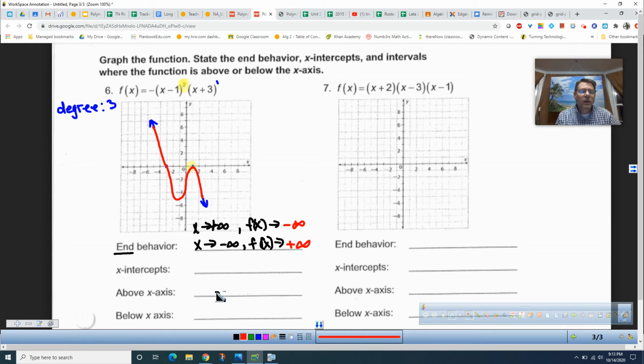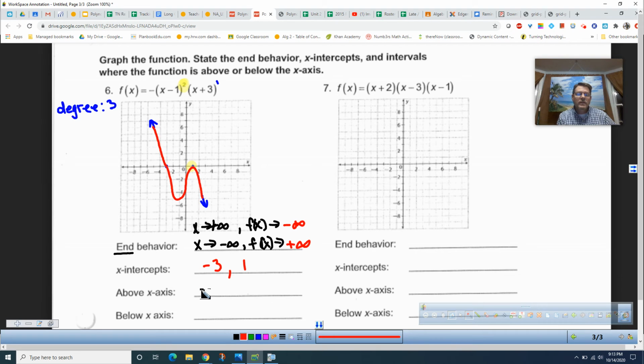Well, I guess we can go ahead and do a couple more of these. The x-intercepts, that would be the zeros, right? -3 and 1. And above the x-axis, where is it above the x-axis? It's above the x-axis from here up there.